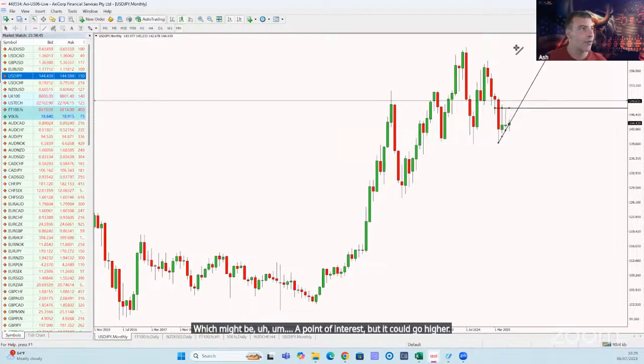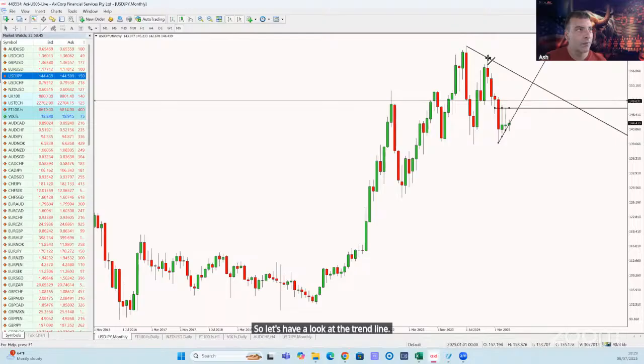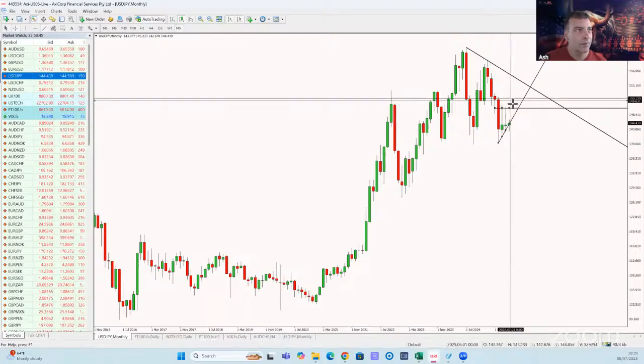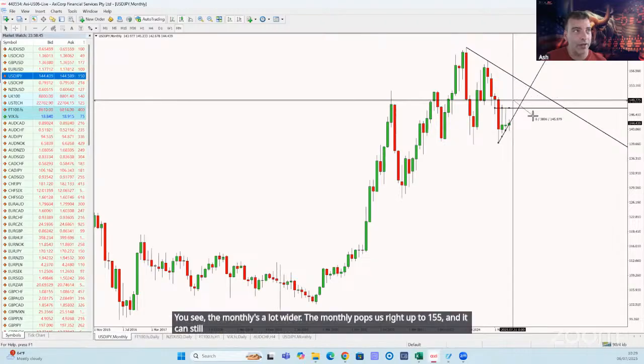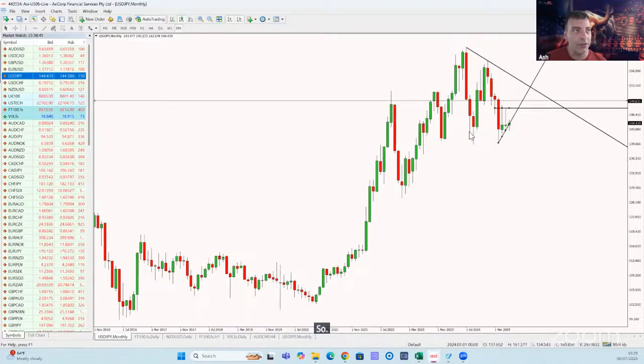So let's have a look at the trend line. You see the monthly is a lot wider. The monthly pops us right up to 155 and it can still be in a downtrend. So this is where you need to be just a bit more careful.